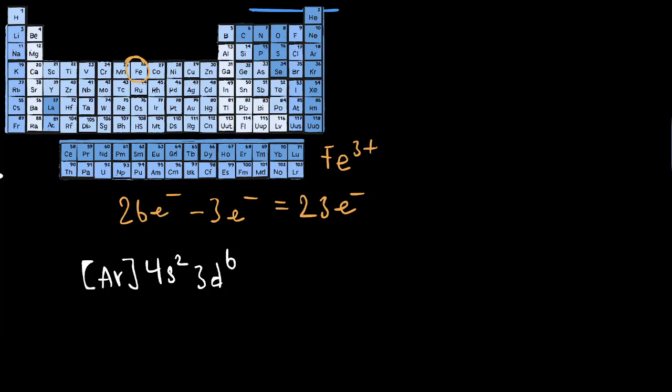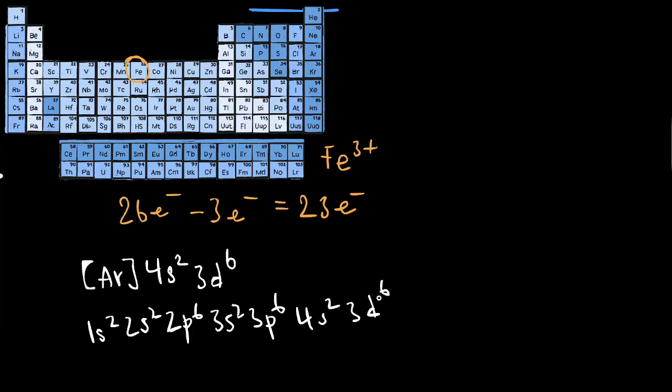Again, in case you haven't seen the video on noble gas configuration, where I've explained pretty simply what this means, just for clarity purposes, I can write it out. 1s2, 2s2, 2p6, 3s2, 3p6. That brings us here. 4s2, 3d6. So this is our electron configuration, and now we can draw out our orbital diagram.